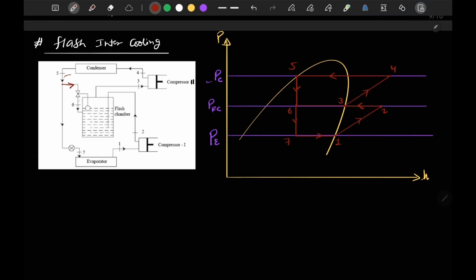Let's say that the mass flow rate at condenser exit was m2, and at evaporator entry the mass was m1, so at this throttle point we will get mass equal to m2 minus m1.